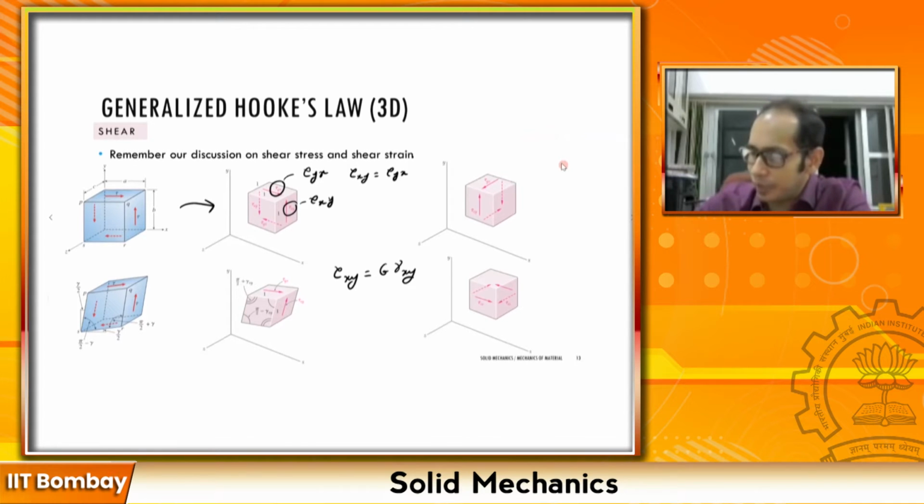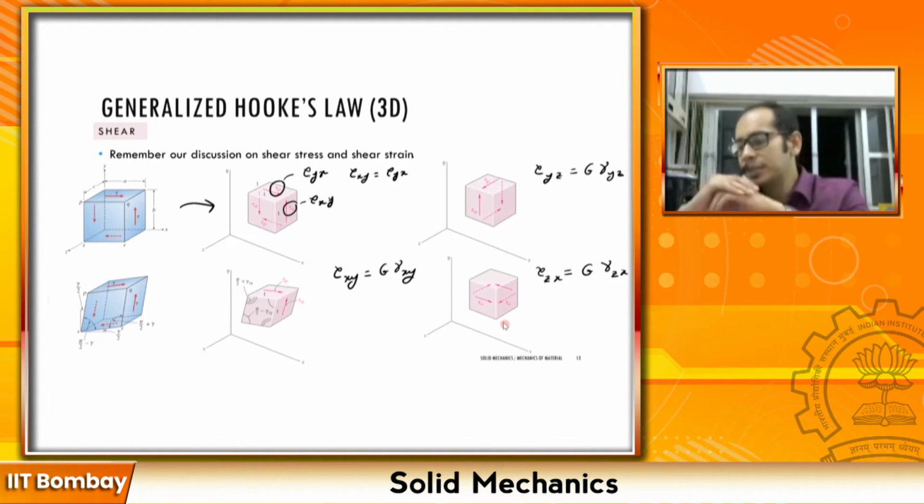So in this one, if I have to write, it is simply going to be my tau yz equals G gamma yz, right? Similarly, for the last one, which is tau zx, I am going to have my tau zx equal to G times gamma zx, or xz. It's one and the same thing over here, right?